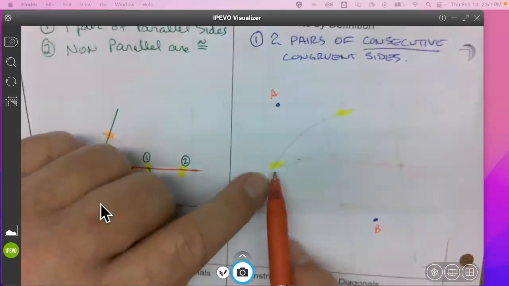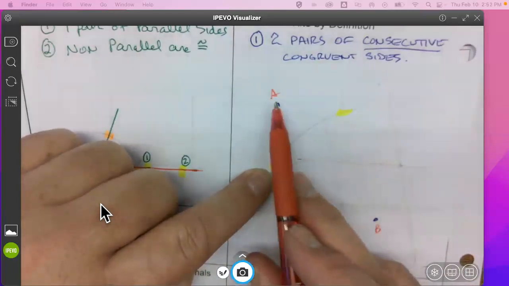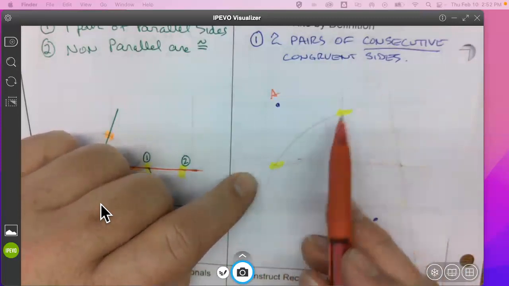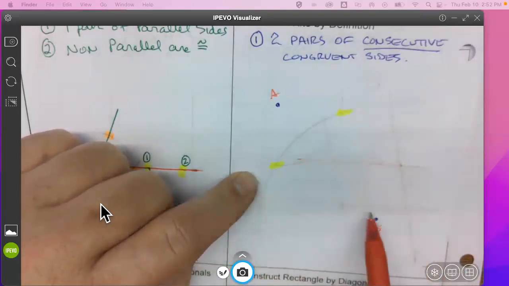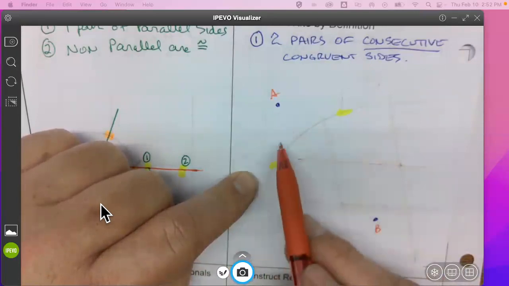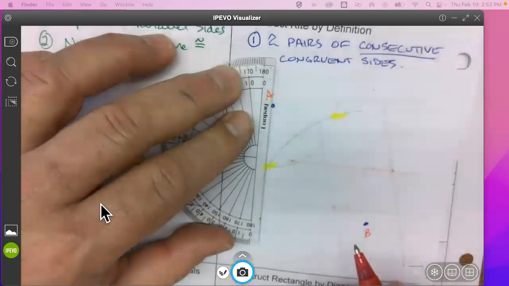And again, can we agree that both of these yellow dots are the same distance from A? Because they're part of the same circle, right? And both of these dots are the same distance from point B. But A to the yellow is not the same as B to the yellow. That's what we want. So I'm going to connect these points.